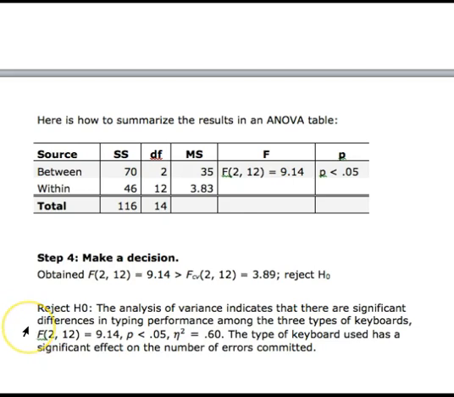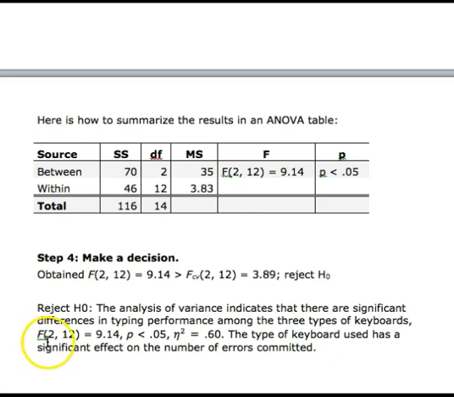So here is how we write this up in APA format. Reject the null. The analysis of variance indicates that there are significant differences in typing performance among the 3 types of keyboards. F, and remember it's comma, and then we have to provide our statistical evidence to back up the claim that we just made, right?